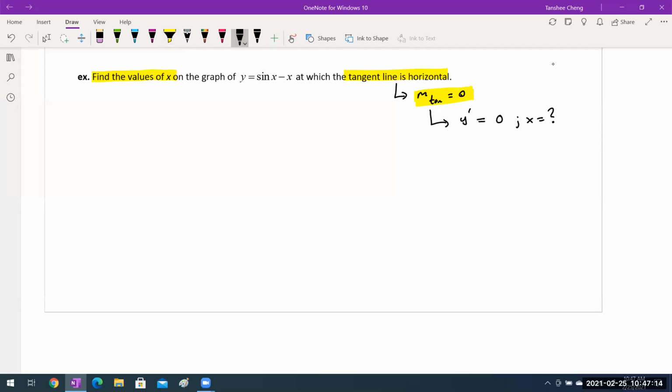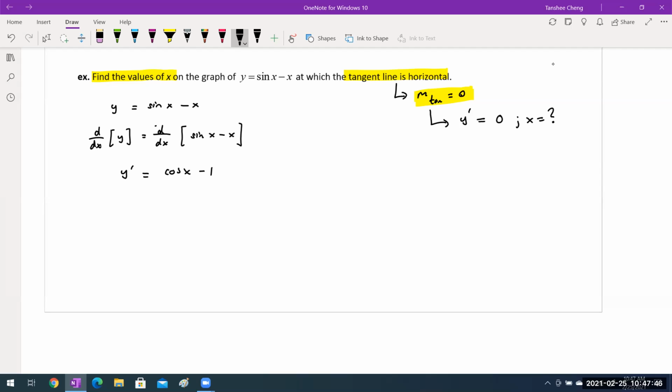So now, we want to find the first derivative. My y is equal to sine x minus x. The derivative with respect to x of y is the derivative of this function, sine x minus x. So I have y prime is equal to the derivative of sine x, which is cosine x, minus the derivative of x, which is 1.